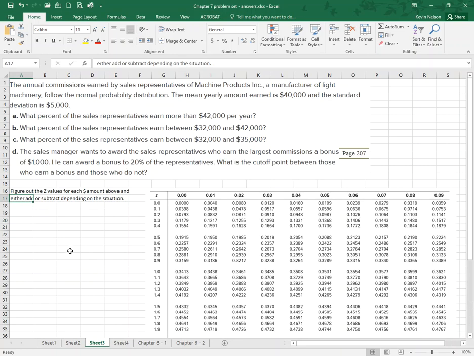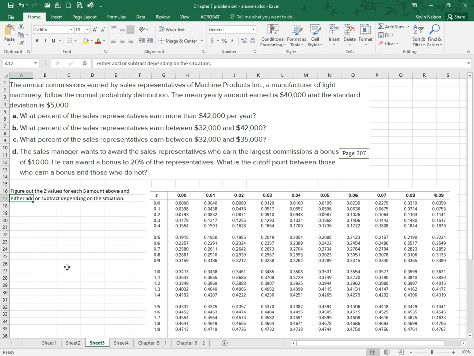Number 3. Okay, so you have to figure out z values on this. I've copied and pasted the table from the back of the book. This is table B3 for normal distributions that's found in the back of the textbook. It's here as well. And with that information, you're going to have to figure out z values based on the mean and the standard deviation, and then you can use this to calculate probabilities.